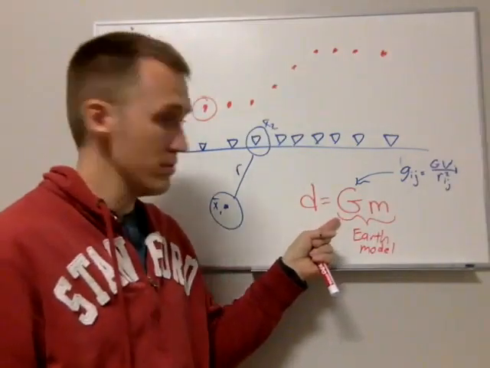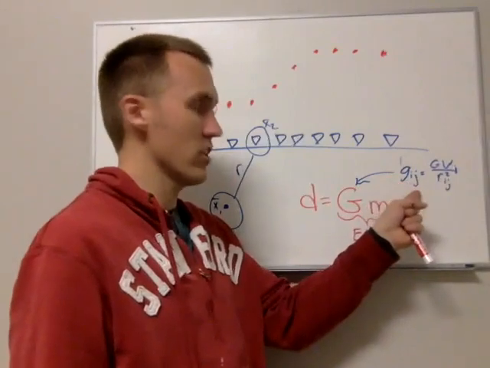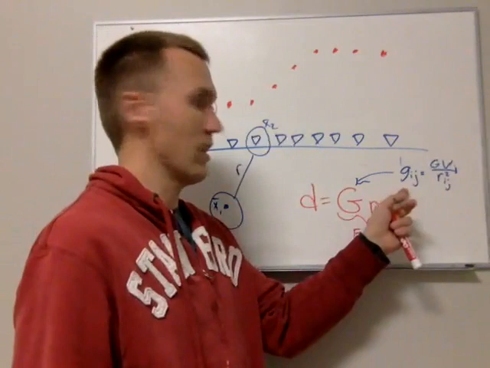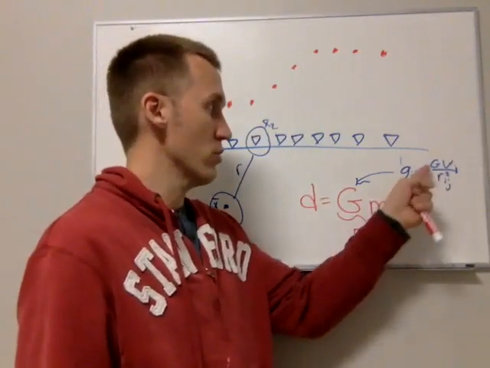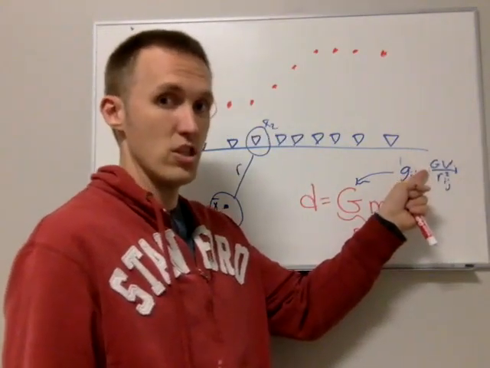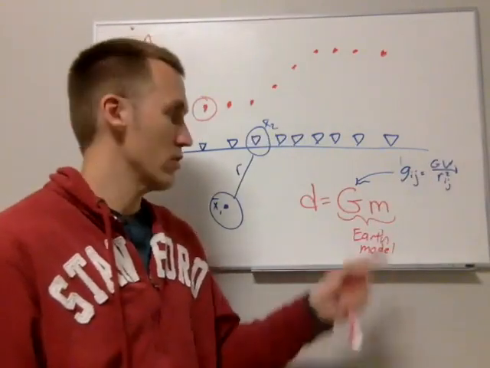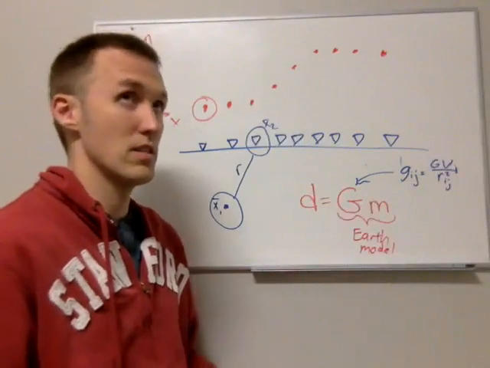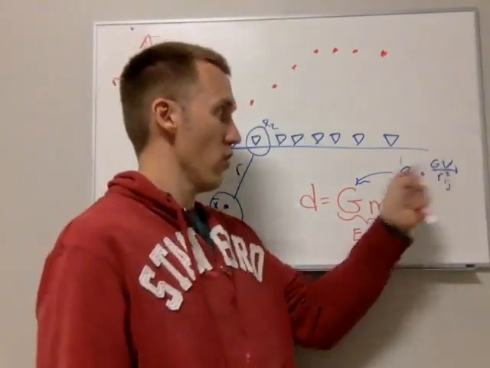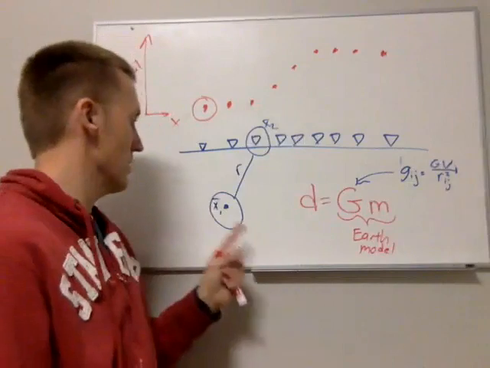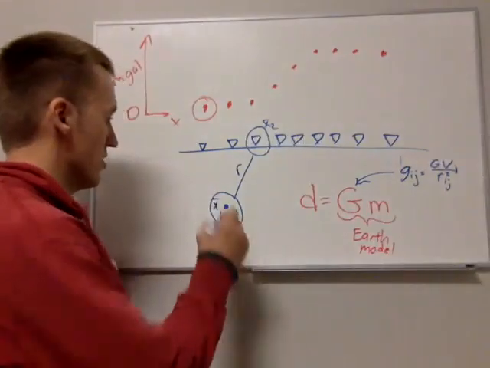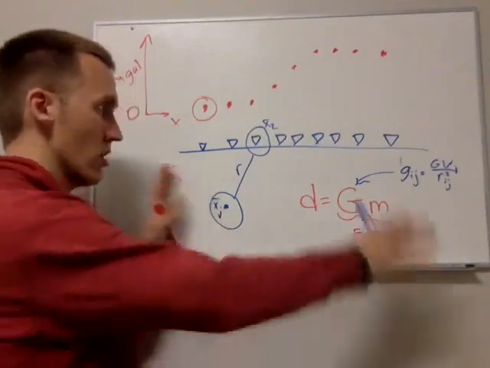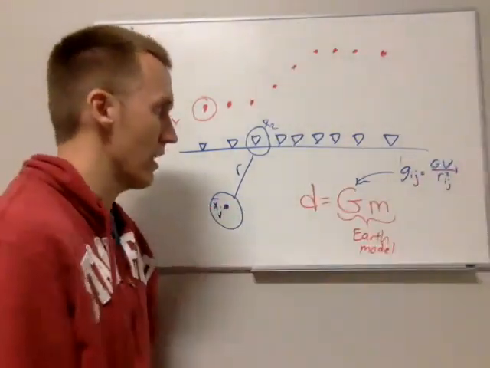G has rows and columns, and so we're going to take the ith row and the jth column. That's one unit, one cell in that matrix, and that's going to be equal to the gravitational constant G, which I'm writing in blue here to distinguish between the big matrix G and the gravitational constant G. I have the volume of the jth element. So here is xj, the jth element in our Earth model, so it's the volume of that element.